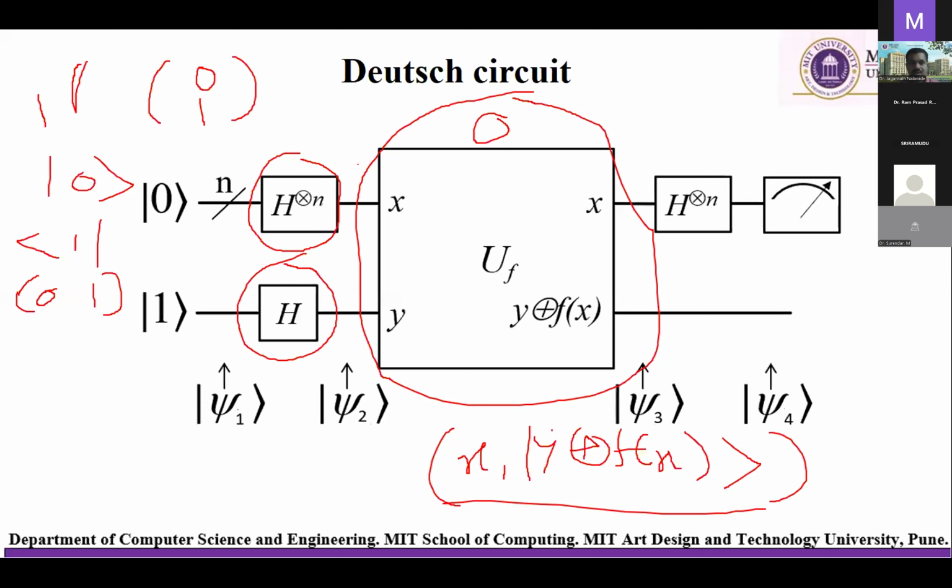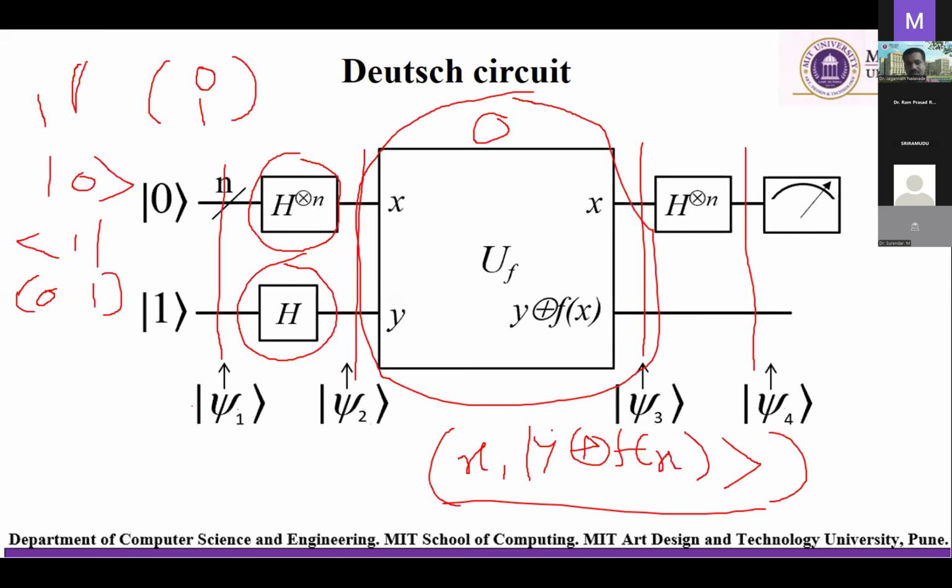In the Hadamard gate there will be n number of input lines. At each stage, if you observe here, we can calculate the outcome at that stage.